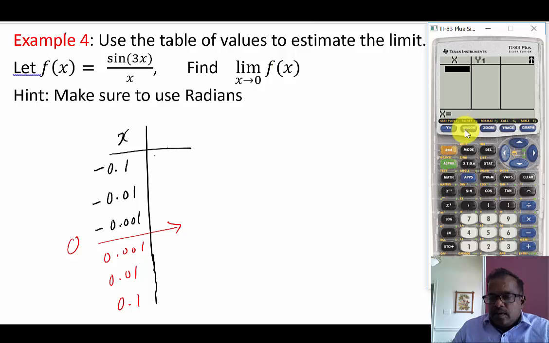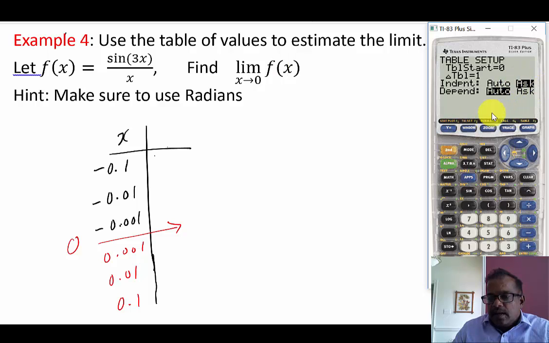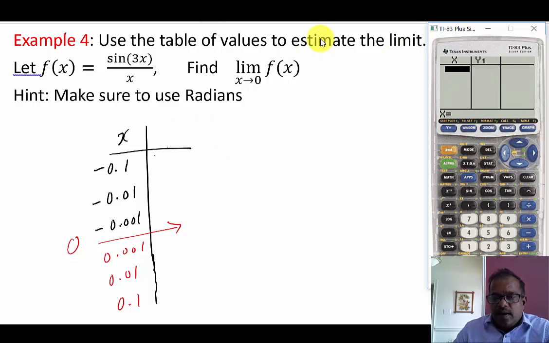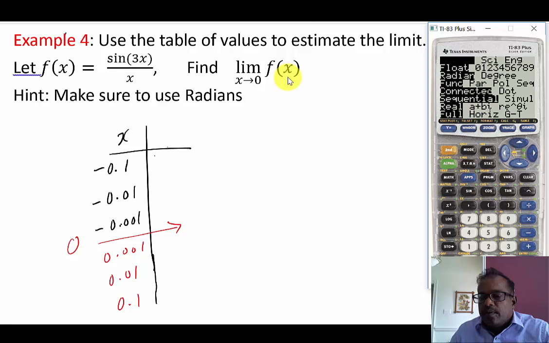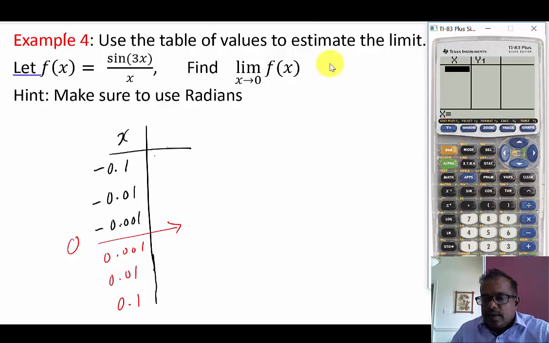So we go to table setup and keep the table as ask, and that way you get an empty table again, and then we can find those values. Also don't forget to go to the mode and keep the angle measure in radians. It is already in radian, so we are good.